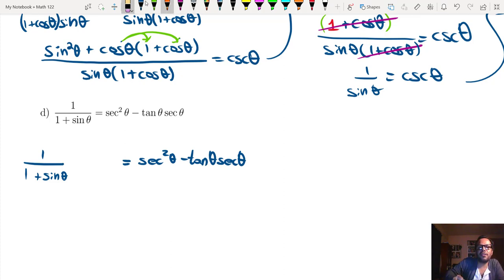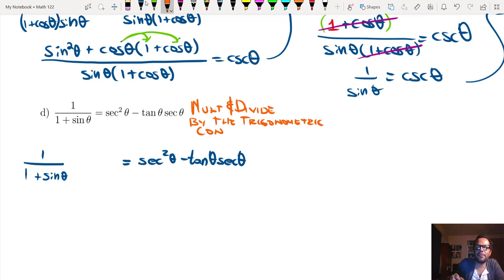What are we going to try? The trick is called multiply and divide by the trigonometric conjugate. Conjugate, where have you heard that before? You might remember working with complex numbers.